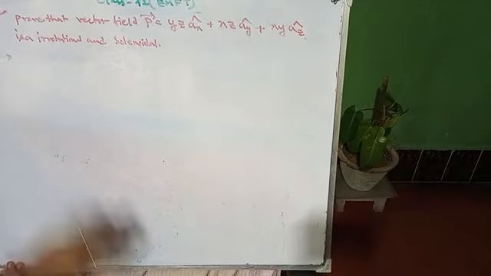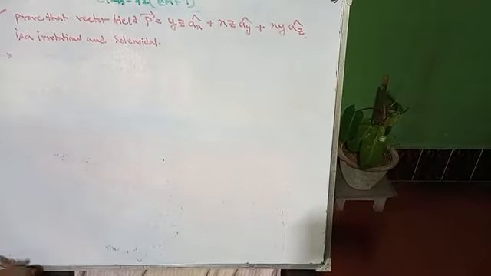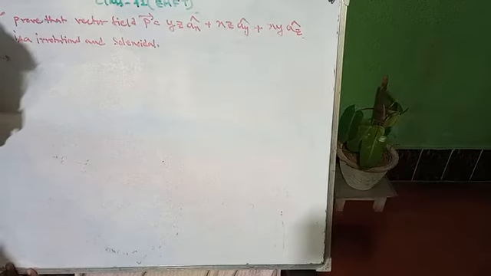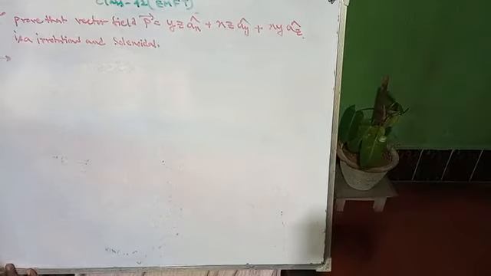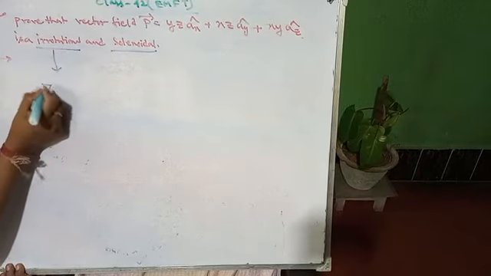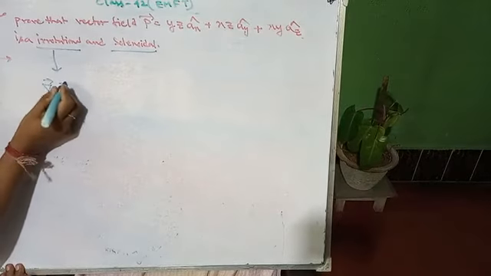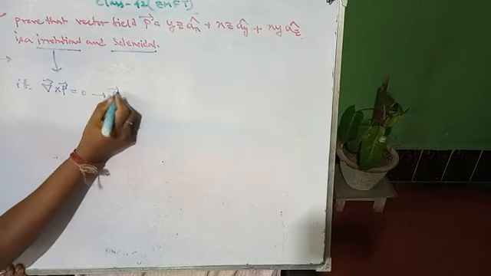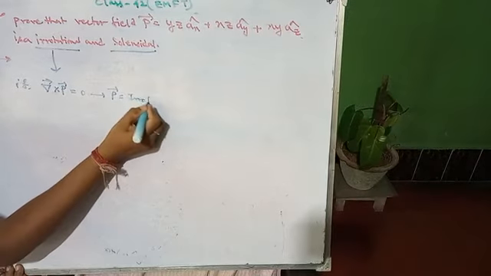Okay, so irrotational and solenoidal. What do you mean by the term irrotational vector and what do you mean by the term solenoidal vector? Irrotational means if the curl of that vector is 0, then P vector is called irrotational.